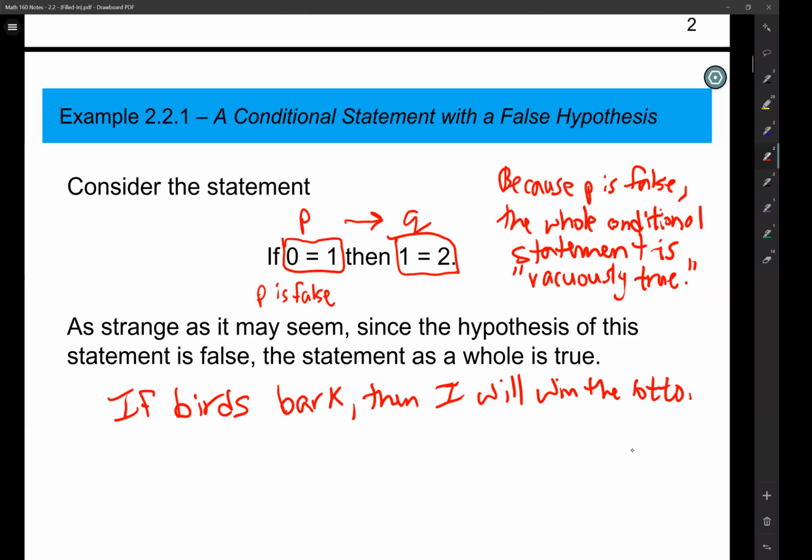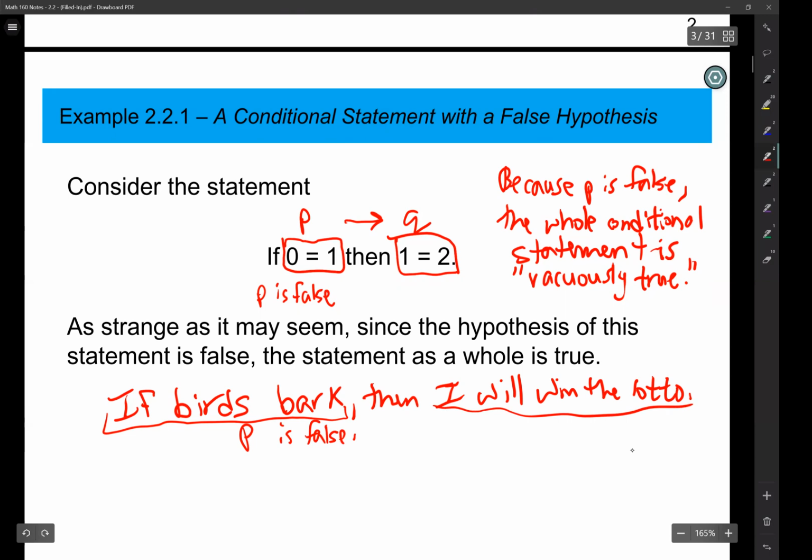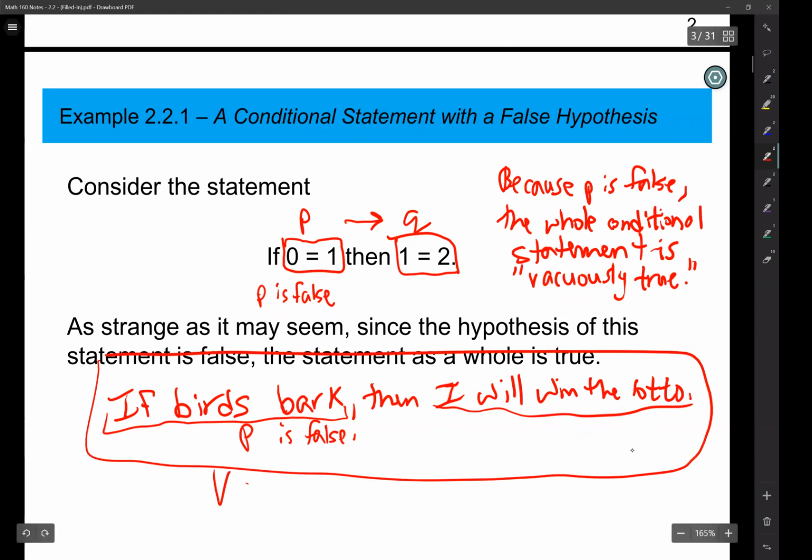But because the hypothesis P here is false, there's no way that we could ever get to the conclusion. Even though we can never get there, because the hypothesis is false, the entire statement is true. So this is a vacuously true statement.